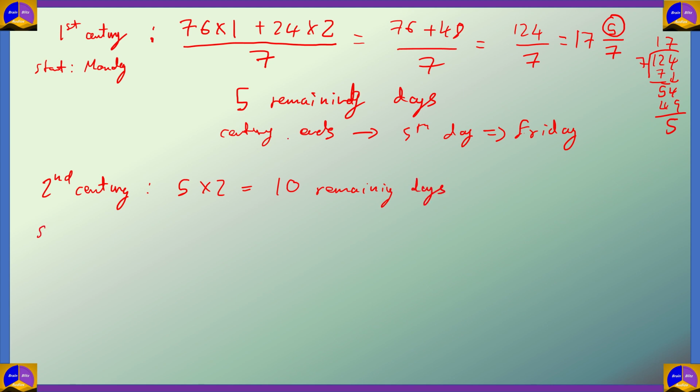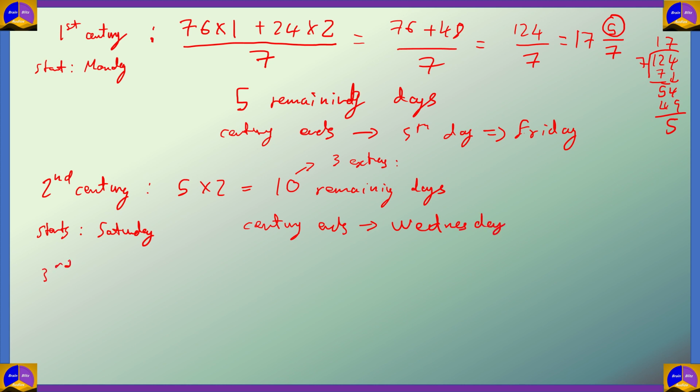Now since the last century ended on a Friday, this one starts on a Saturday. Now 10, when you divide that by 7, you get 3 extras. So Monday, Tuesday, Wednesday. So this century, the second century, ends on a Wednesday.